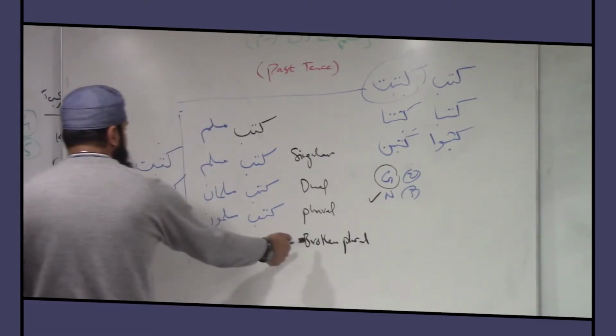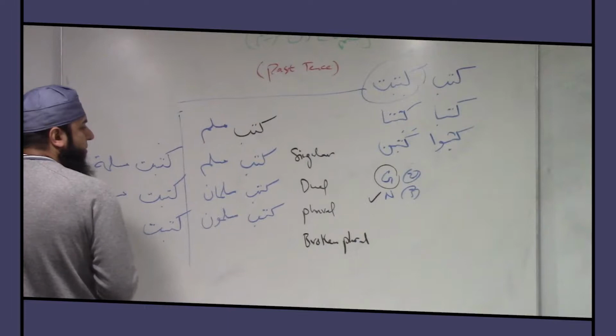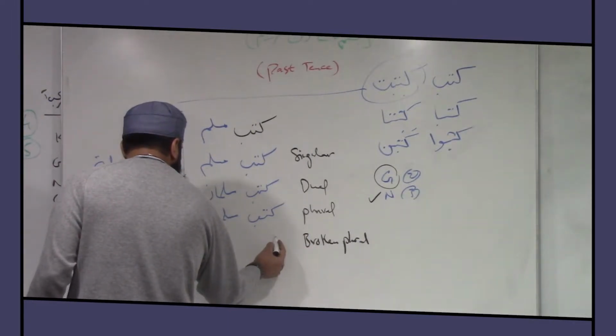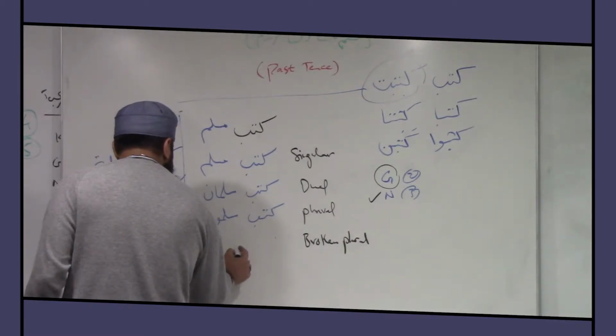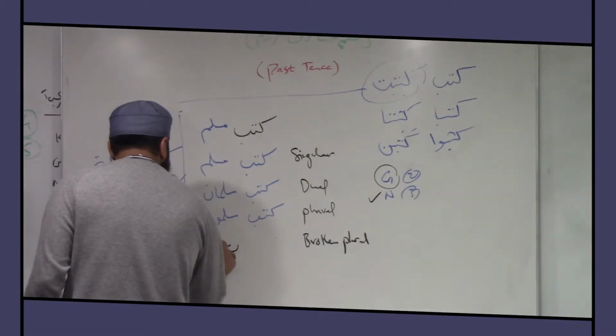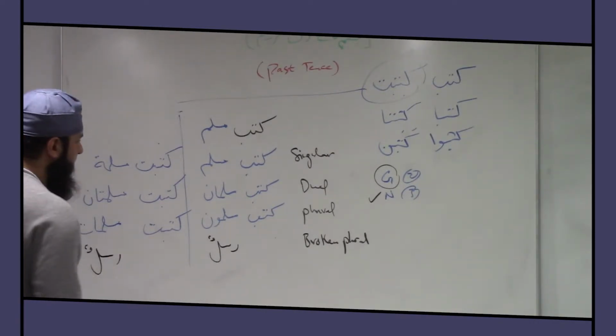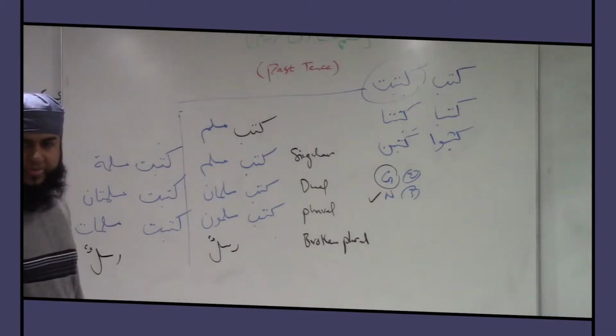The only last thing is, it's very easy for you, the broken plural. What happens in the broken? You have Rusulan. So what are you gonna do here? Katabat.